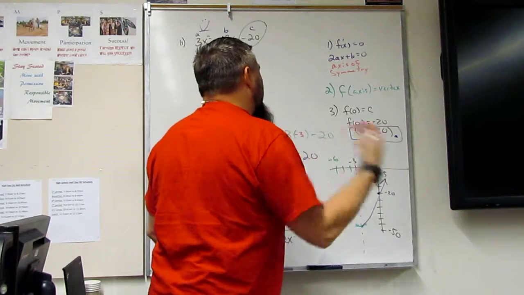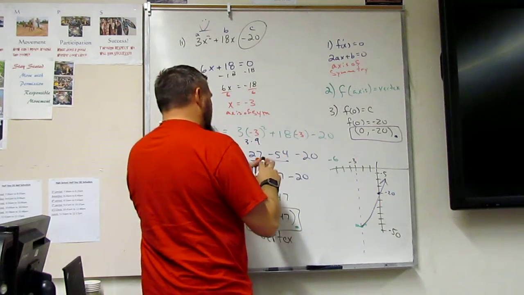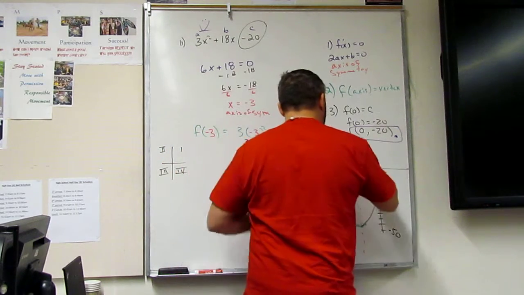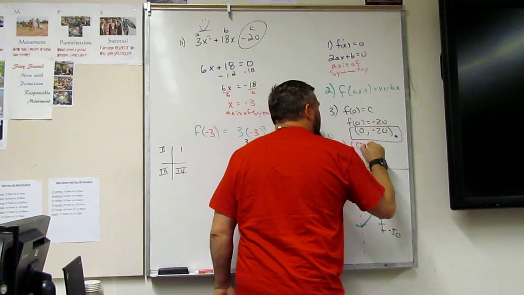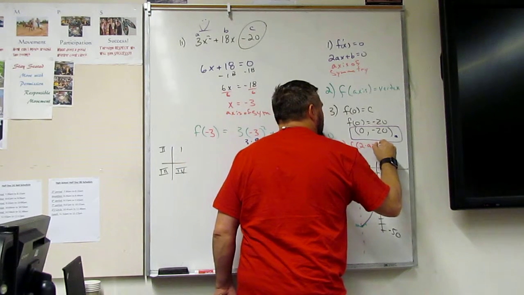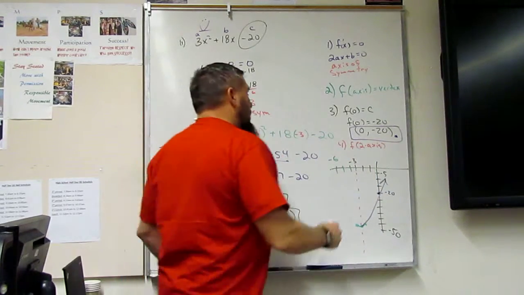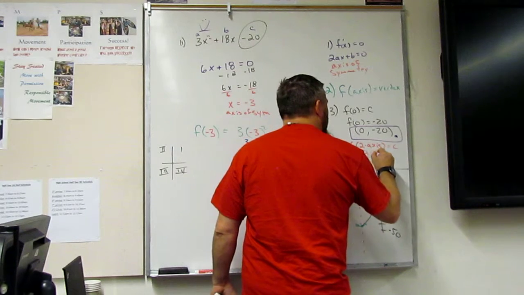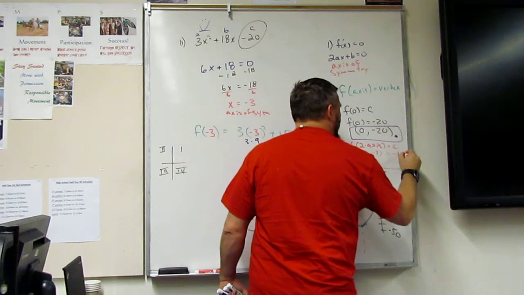Now, what's our fourth step? Our fourth step, we're getting kind of crunched, but how about red? Our fourth step is f of 2 times the axis. Well, our axis is negative 3. So it's equal to c. So f of 2 times negative 3 is equal to negative 20.